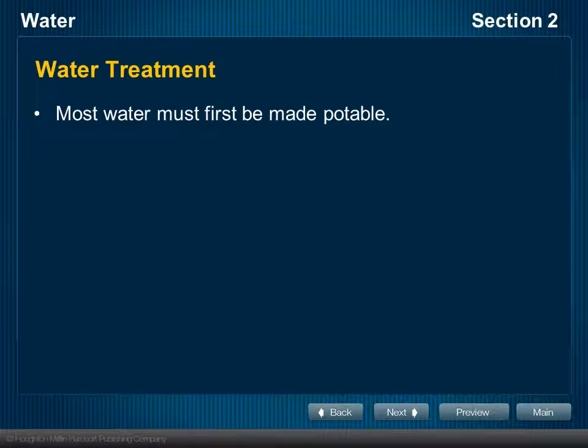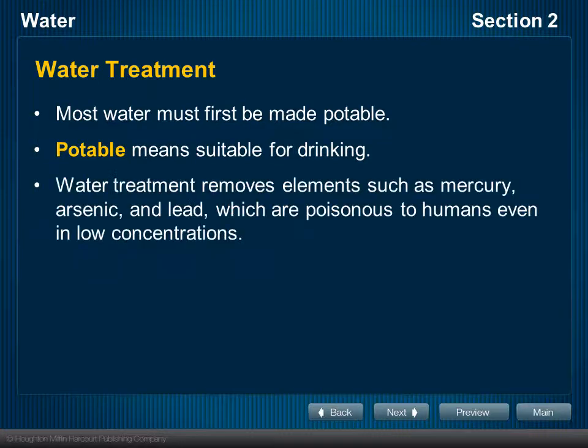Now, in terms of water treatment, we say that most fresh water needs to be potable. We think of fresh water as drinking water, but it still needs to be made potable, which means suitable for drinking. And so we have developed water treatment.